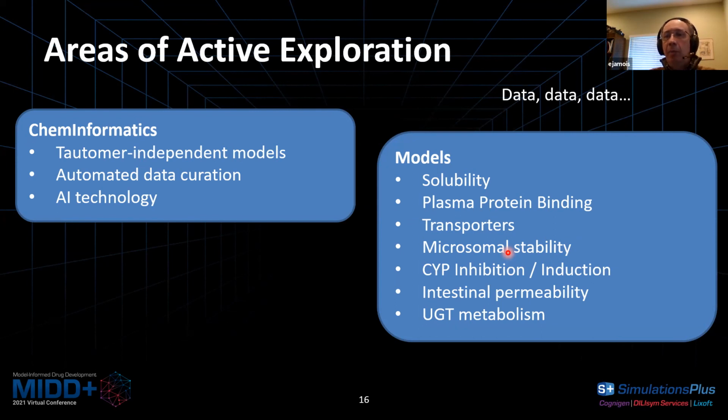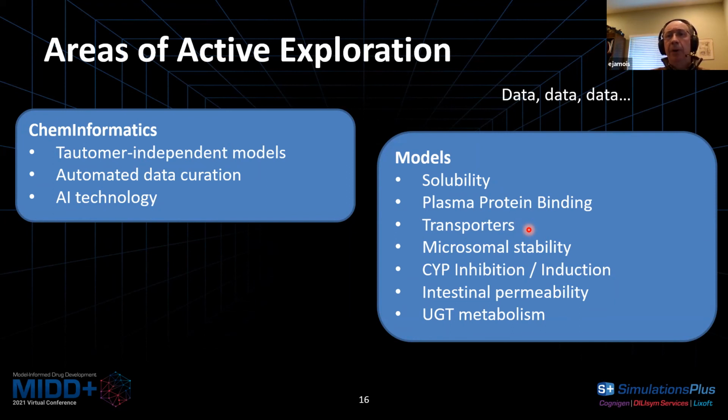On the model development side, solubility is still an area where we think models can be improved. The same can be true of plasma protein binding, and of new transporters. We released a new module back in September dedicated to transporters. I think it had 18 new models.